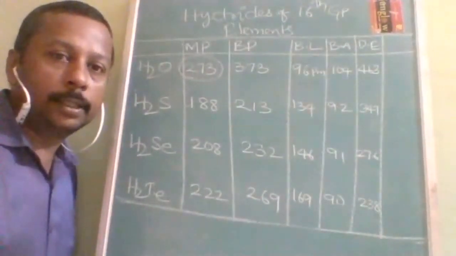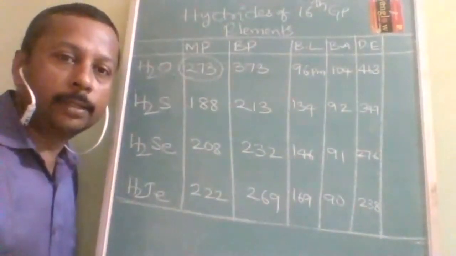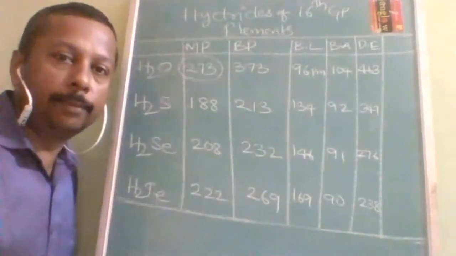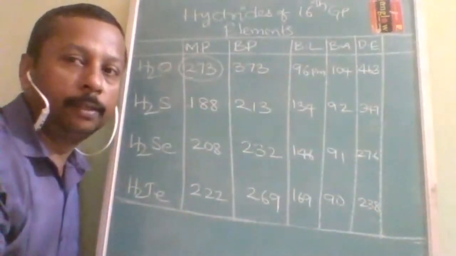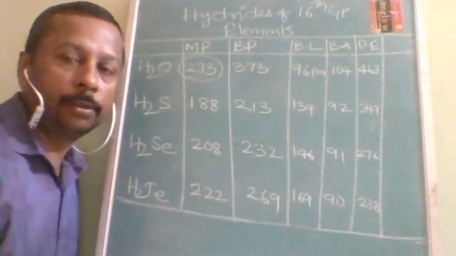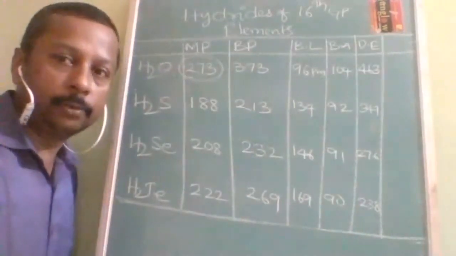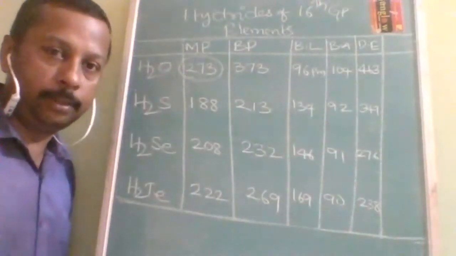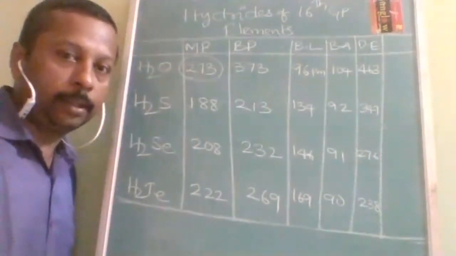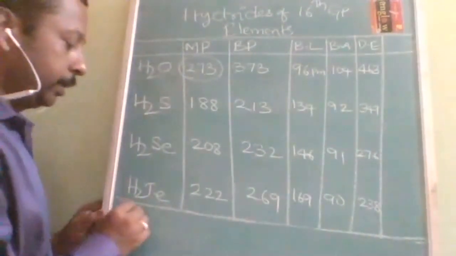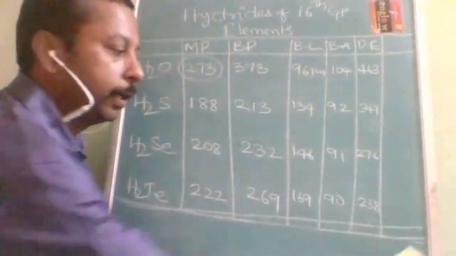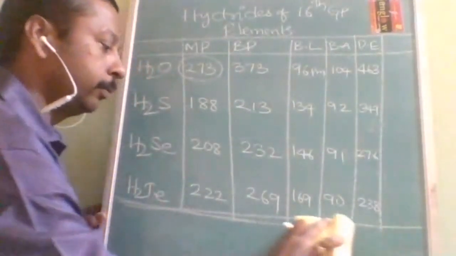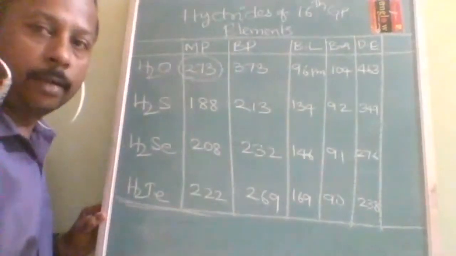Oxygen, sulfur, selenium, tellurium, polonium are the elements of 16th group, but polonium being radioactive, even if it forms a hydride, it is unstable due to its radioactive nature. So its physical and chemical properties cannot be studied because of the radioactive nature.